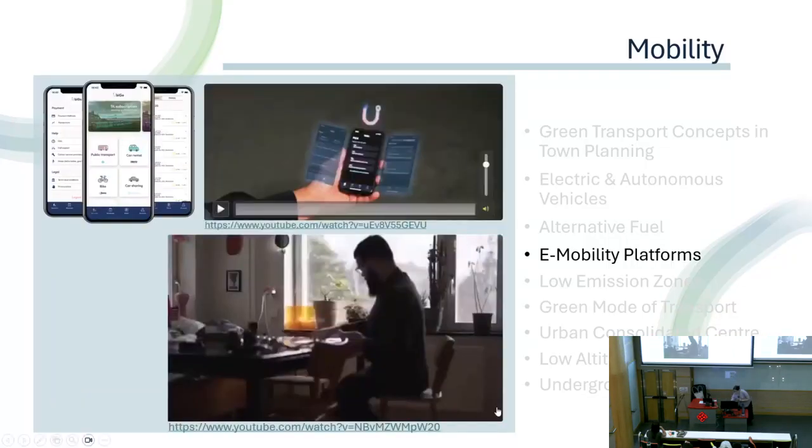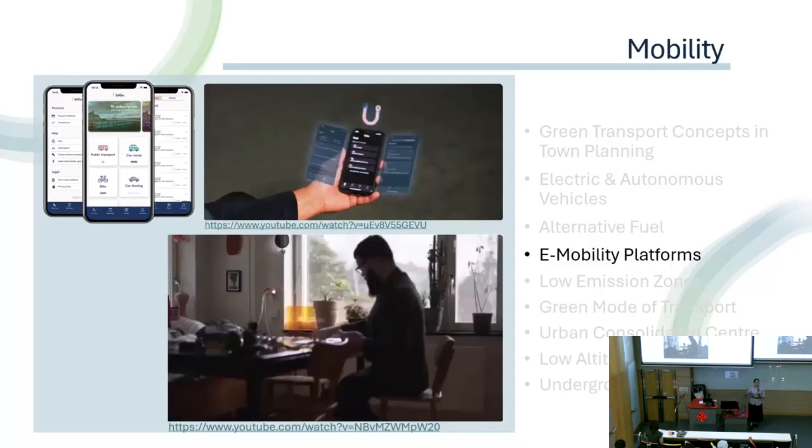Let's see. Yeah, so I've just pulled up two common platforms for urban mobility. At the top, you've got a mobility platform that integrates the various different modes of transport. So it's not just focused on buses; the user would be able to use a single app to say, I take this bus, and then I need to move to a place further away from the bus stop.